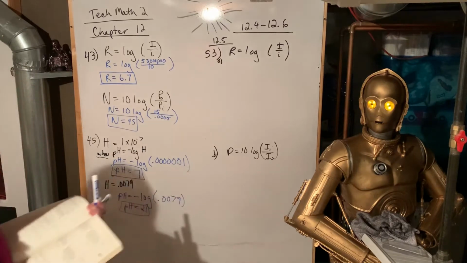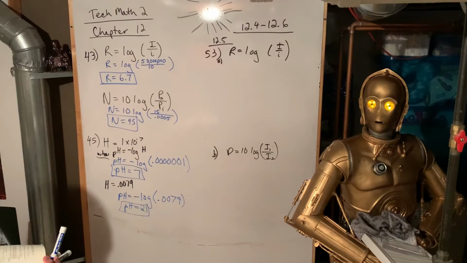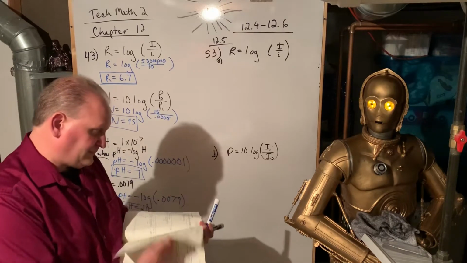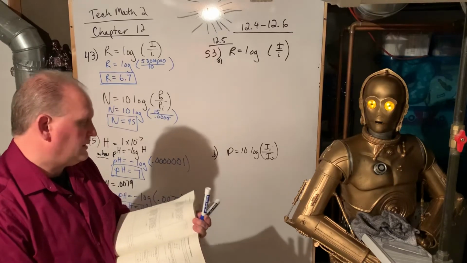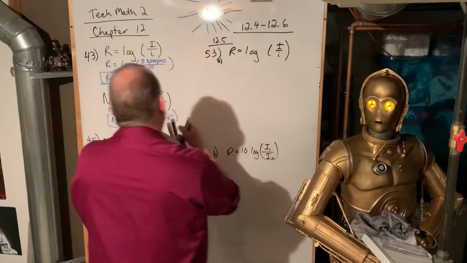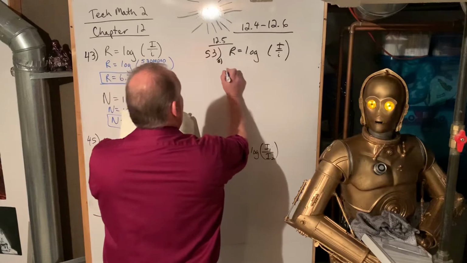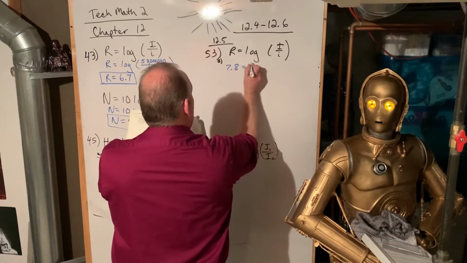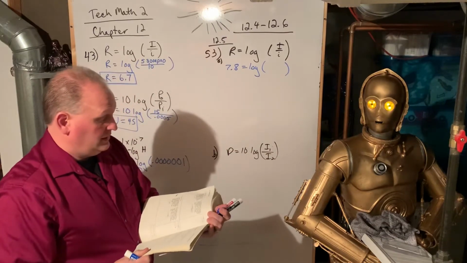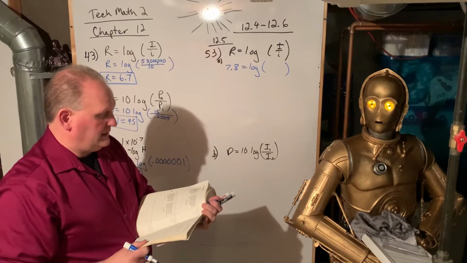Okay, let's get to number 53. That is going to be a little harder to do. When we look at 53, we're back to Richters and earthquakes, but this time they gave us R as 7.8 on the Richter scale, and they want to know the intensity of the earthquake.